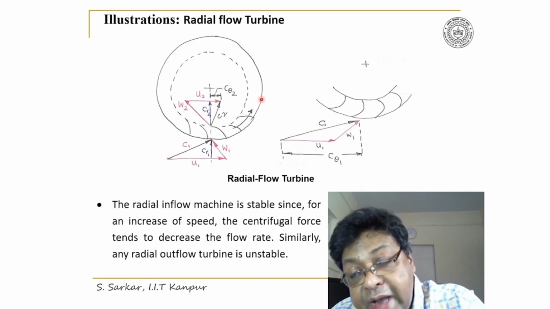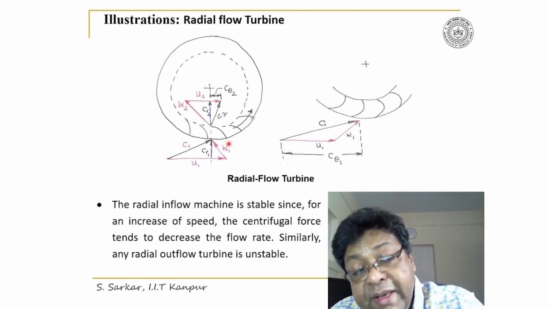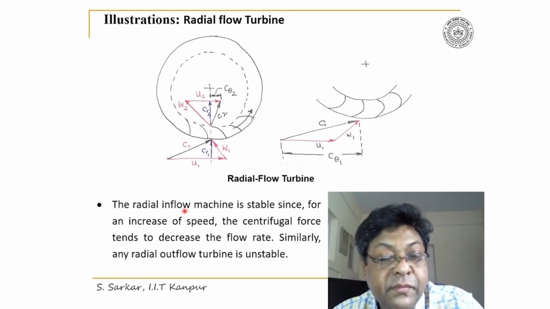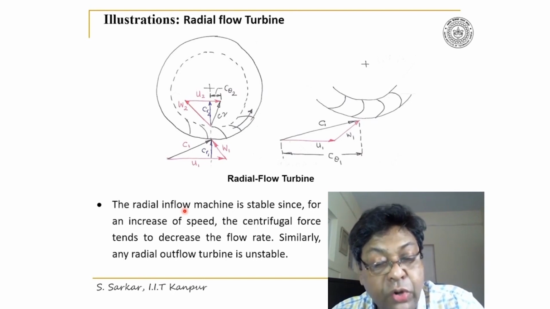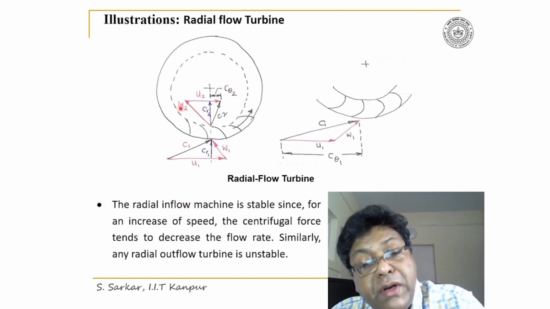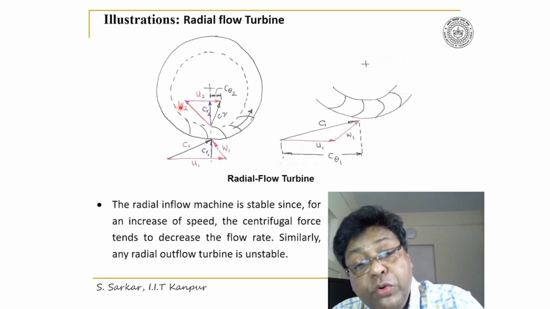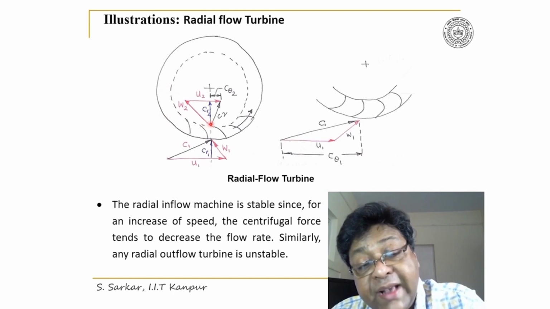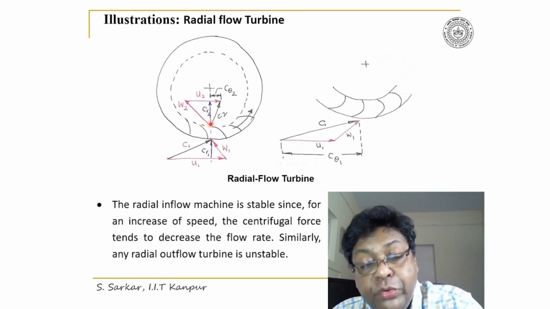So the direction of rotation is in the direction of C1. Particularly also note that your W1 and W2 would follow the blade angle, and W2 will accelerate. So the magnitude of W2 will be higher than W1.